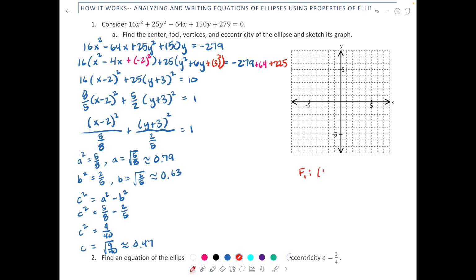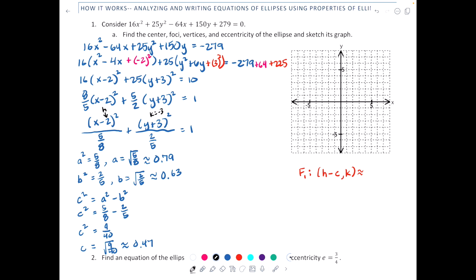So we'll have H minus C comma K, which will be approximately... H is, we didn't do our center yet. So what is our center? H is going to be, do you see that here's our H, and then K will be -3.